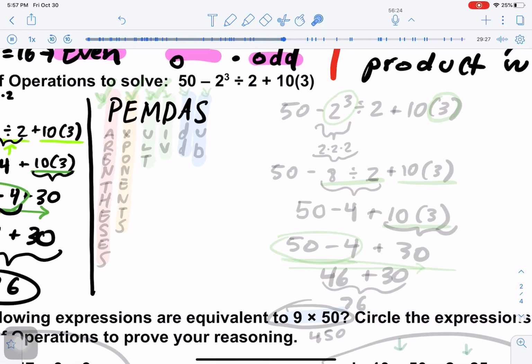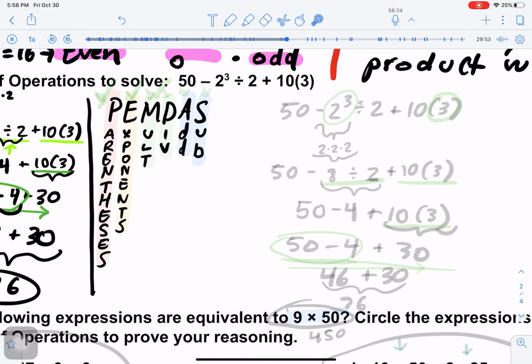Now, using PEMDAS, it's very similar. We know that this is for parentheses. The E is for exponents. M is for multiplication. D is for division. A is for addition. And S is for subtraction.